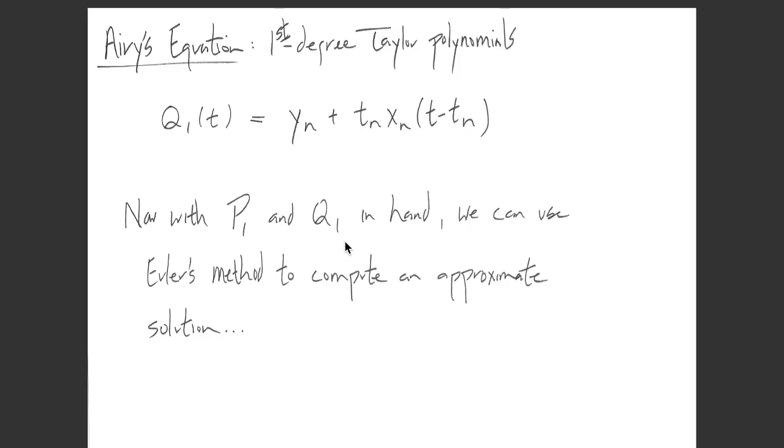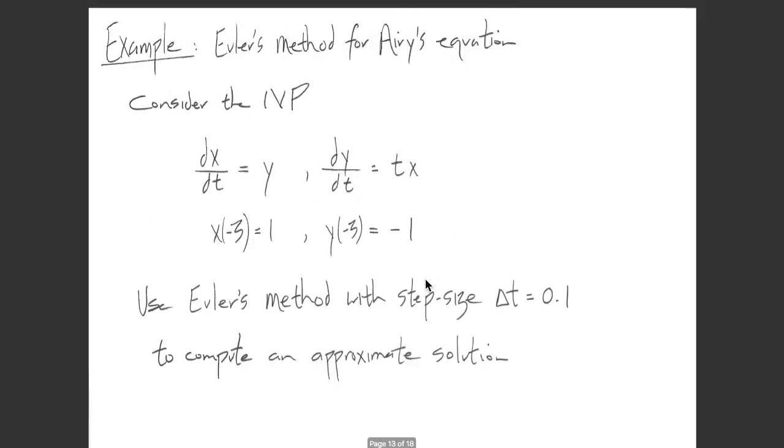So now with p1 and q1 in hand, we can use Euler's method to compute an approximate solution in the same way as before. So let's consider our IVP. This is just the system for Airy's equation, and I put some initial conditions on it. My initial conditions I just decided to take at time t equal minus 3.